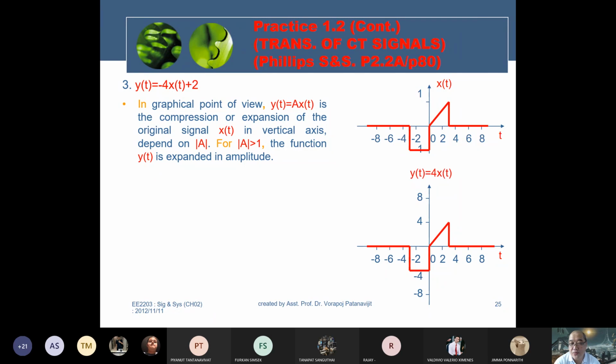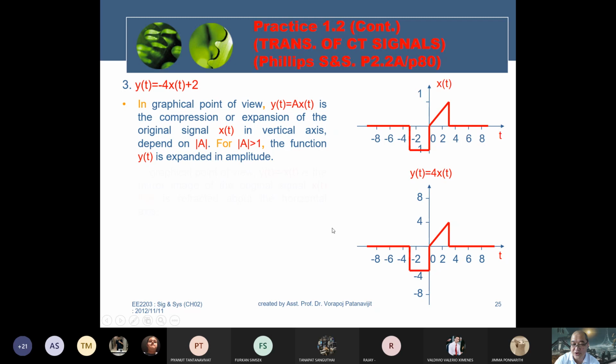In the graphical point of view, y(t) = a x(t) is the compression or expansion of the original signal x(t) in the vertical axis, depending on absolute a. In this case absolute a is greater than 1, therefore the function y(t) is expanded in amplitude.